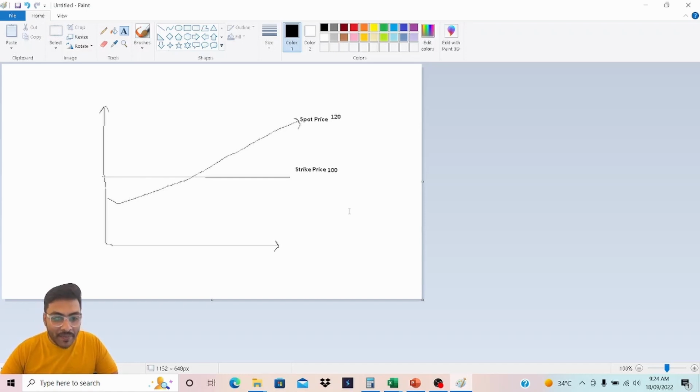So let's say the spot price or the enterprise value of a company is 120 and the value of debt is 100. What would be the value of equity shareholders? 120 minus 100, 20. And this is similar to calculating the intrinsic value of a call option, where the intrinsic value of a call option is spot price minus strike price, if your spot price is higher than your strike price.